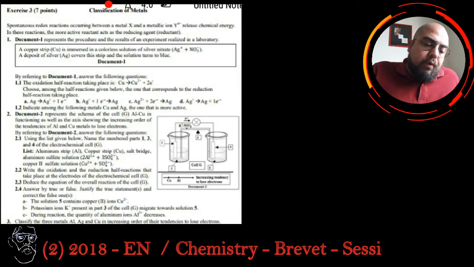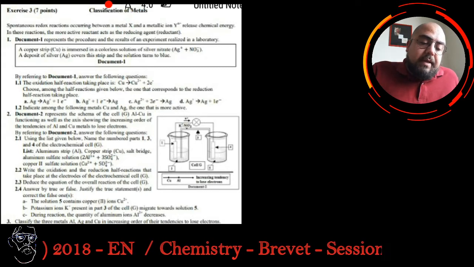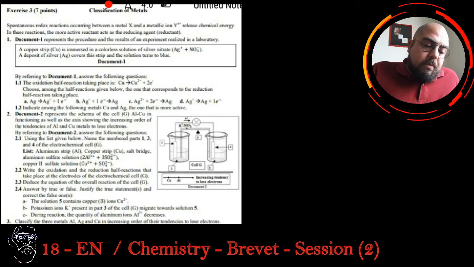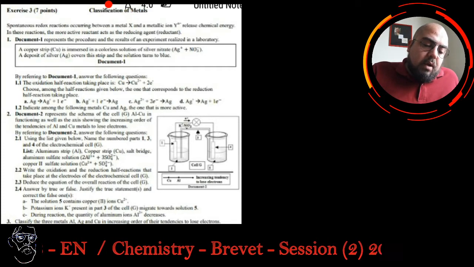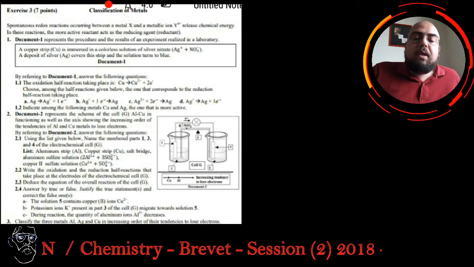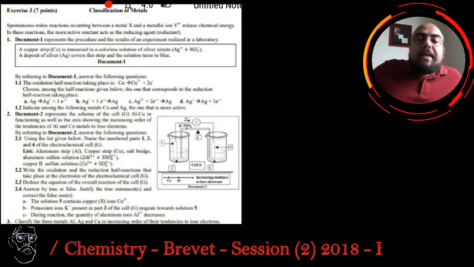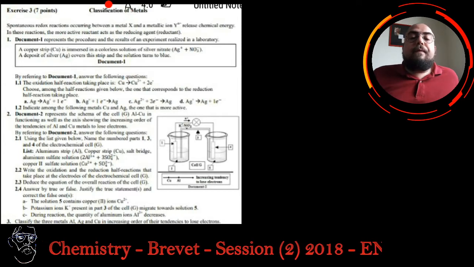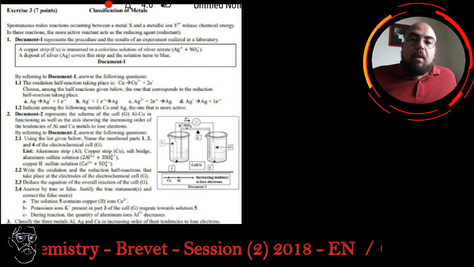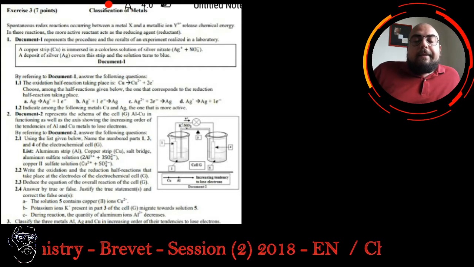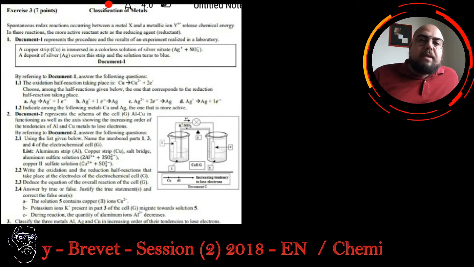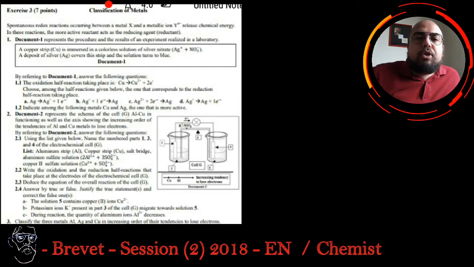The oxidation half reaction taking place is Cu being transformed to Cu2+ plus 2 electrons. Choose among the half reactions given below the one that corresponds to the reduction half reaction taking place. So in case I want to find the reduction half reaction, I have to check an equation where I have Ag+ being transformed to Ag solid.